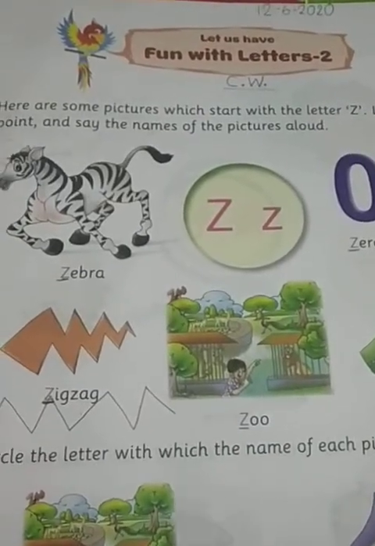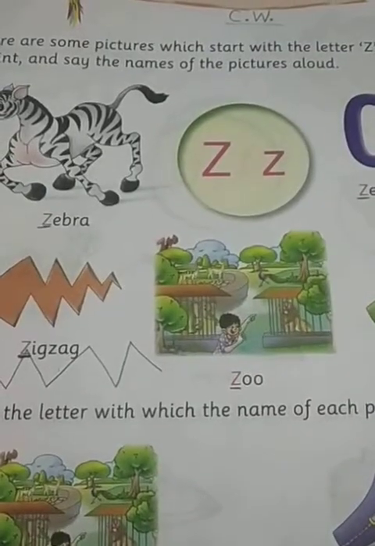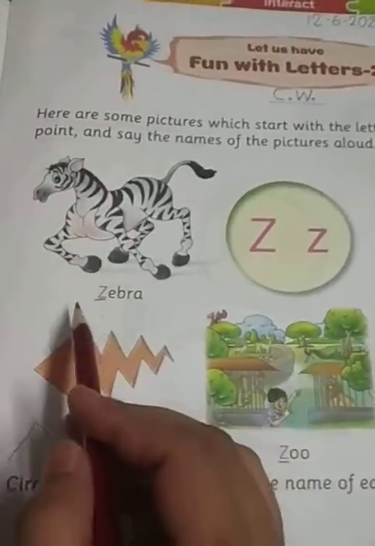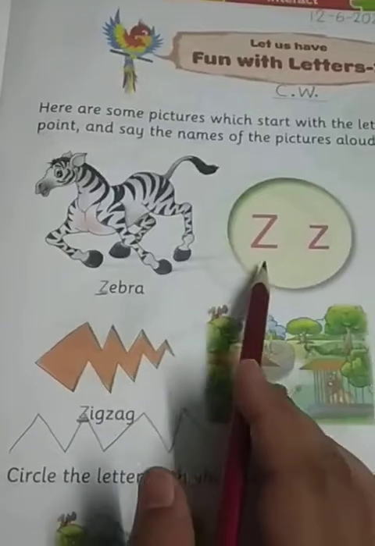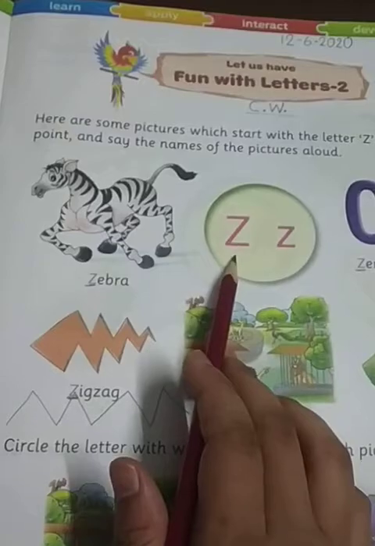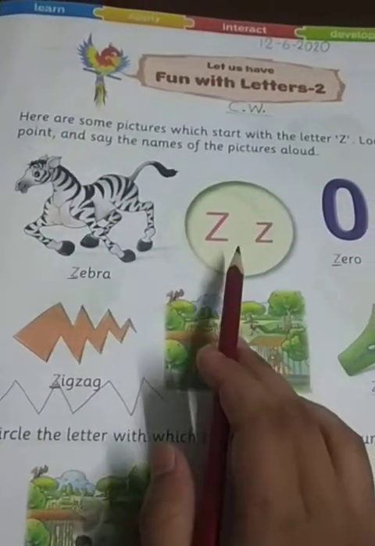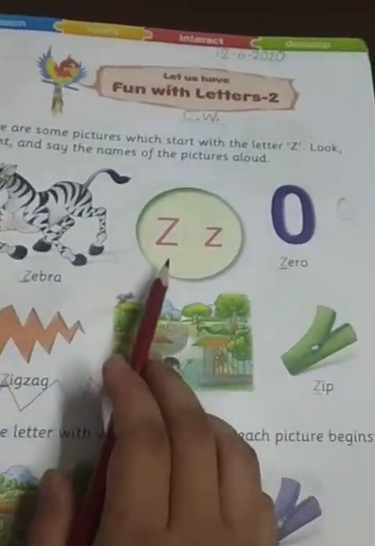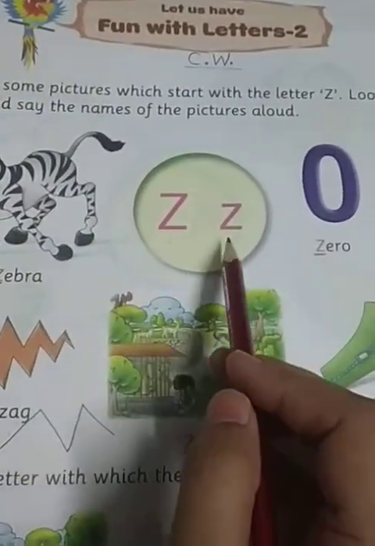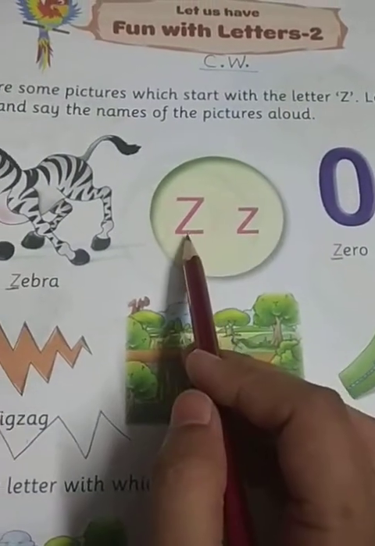So, students, you have seen that each picture begins with letter Z. So, now we can say that Z for zebra, Z for zero, Z for zigzag, Z for zoo, Z for zip. And look, this is the capital Z and this is the small z. Capital Z, small z.